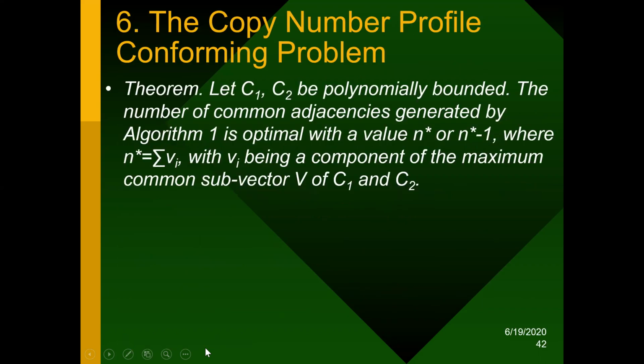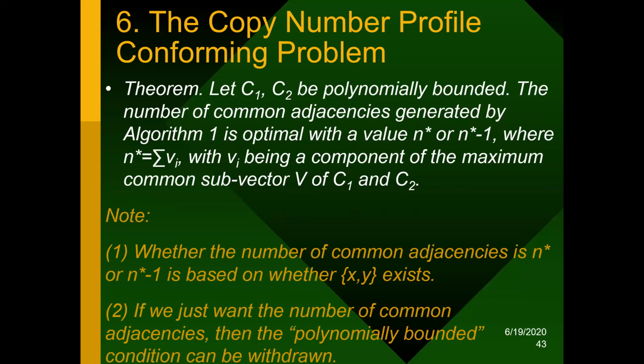We showed that if C1, C2 are polynomially bounded, in other words, if you sum their corresponding components and it's a polynomial, then the number of common adjacencies generated by this algorithm is either n star or n star minus 1, where n star is the sum of the Vi's, where Vi is a component of the maximum common subvector.